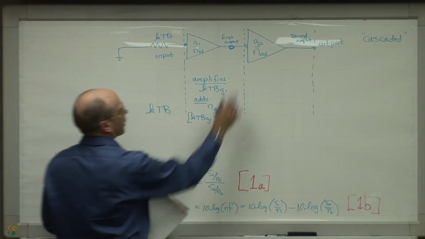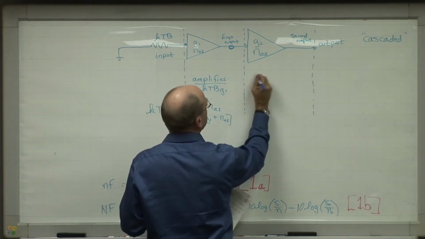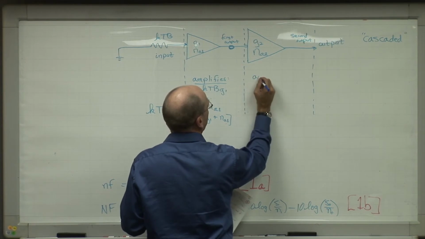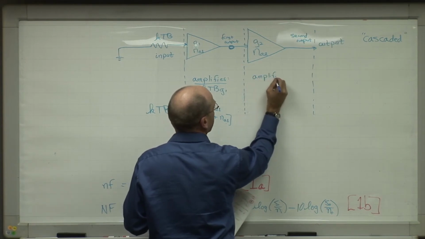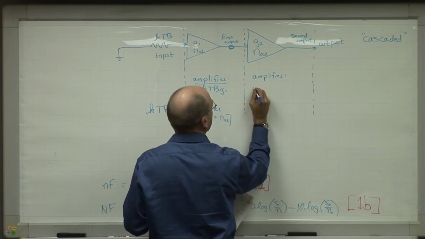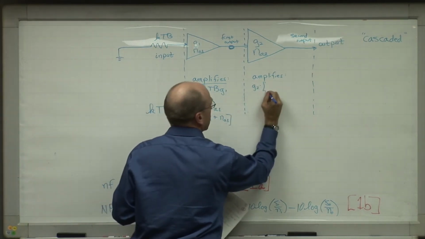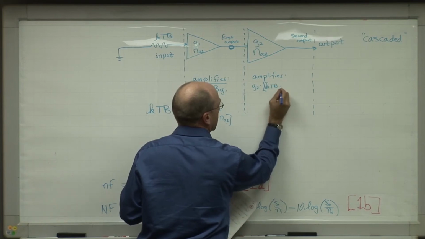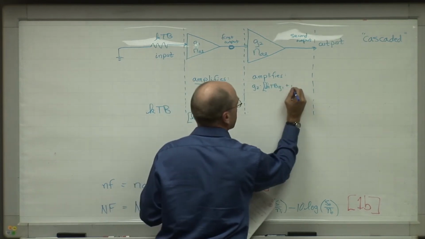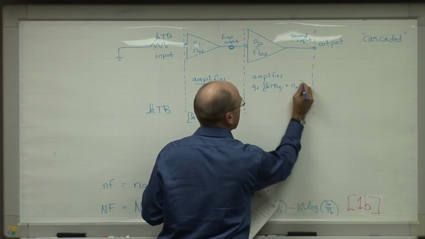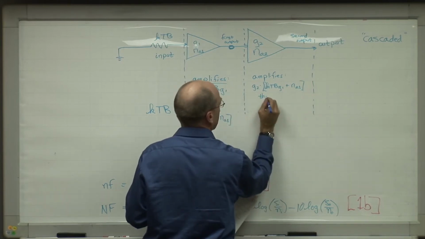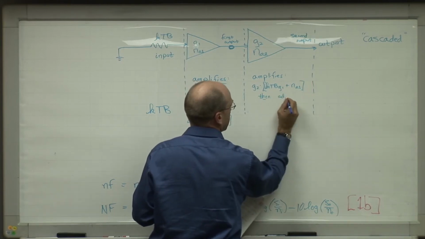It's going to take this quantity and multiply it by G2, so now it amplifies and we get G2 times kTB G1 plus N_A1, and then it adds additive noise level 2.